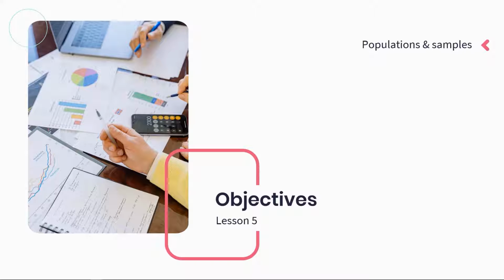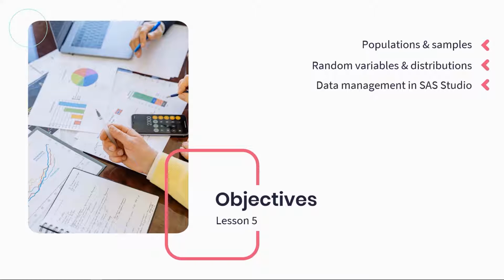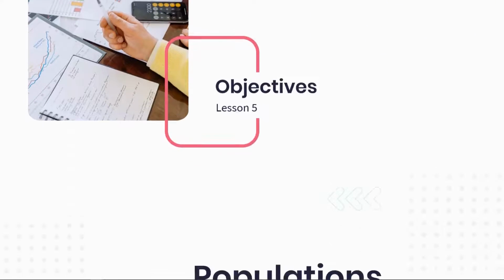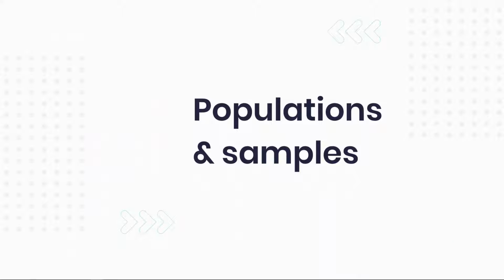Thereafter, we will introduce random variables and distributions. Remember in the previous lesson when we talked a bit about the bell-shaped curve? Well, now we will finally learn what on earth that meant. We will end the lesson on a high note with more fun practical demonstrations in SAS Studio. So let's not waste any more time and get started with the first topic of the day, populations and samples.